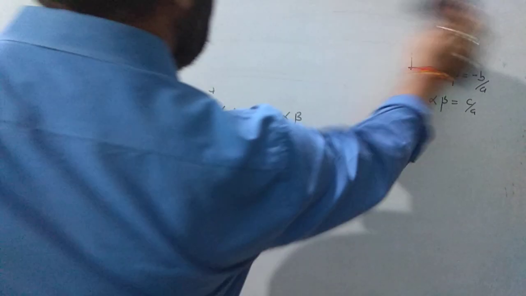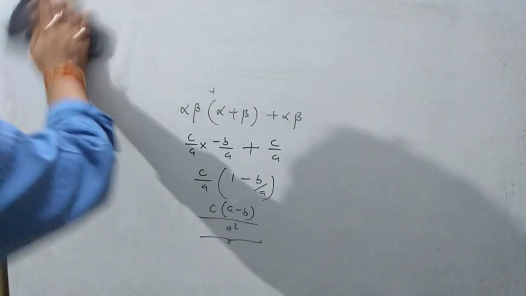Now the next question. An equation is given and the question says form an equation, meaning some equation is given and with its help we have to form another equation.